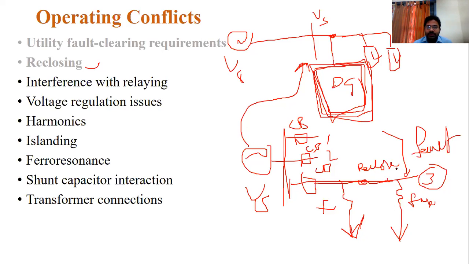To avoid that, we come up with the reclosing concept for these DGs. The DGs will have their own protective scheme, and the feeder has a different protective scheme. We maintain their protective schemes separately, and only then can we protect the DG at the same time.